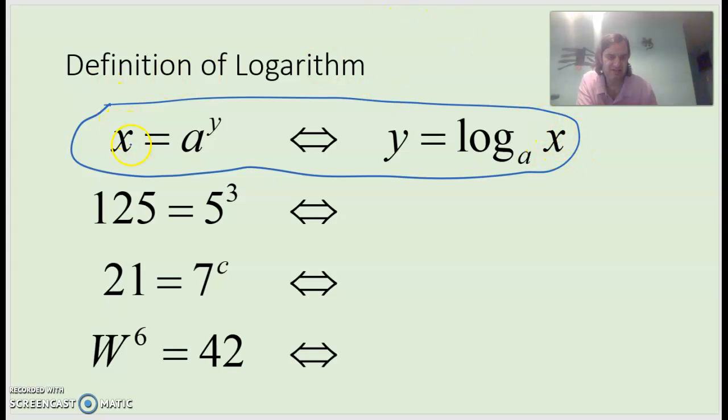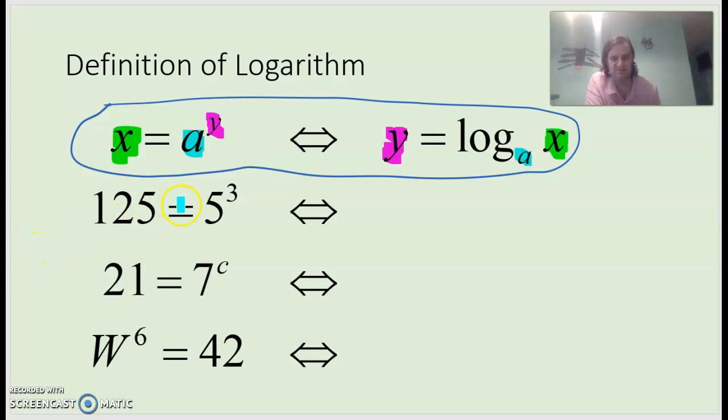So the part that was easy to get to in the exponential, the x over here, is hard to get to in the logarithm. The part that was hard to get to in the exponential, the y, the exponent, is easy to get to in the logarithm. But let's just identify these placeholders. So let's use some colors here. We've got x, we've got y for our exponent, and we've got a for our base.